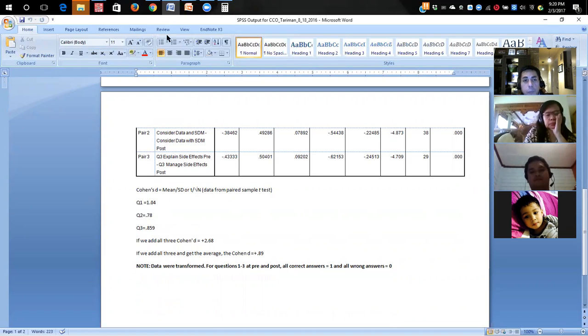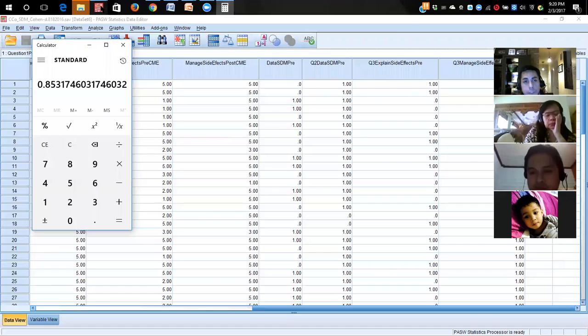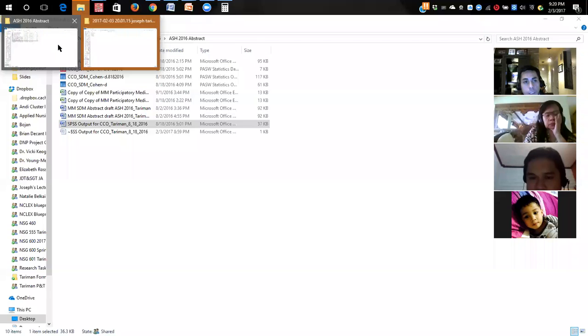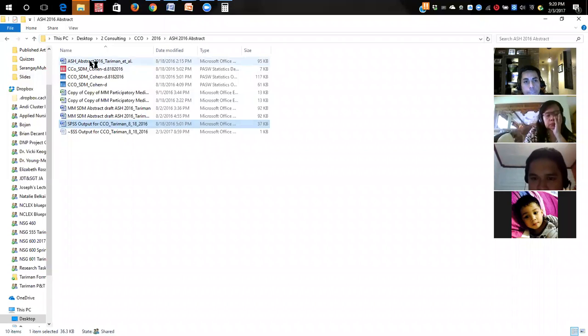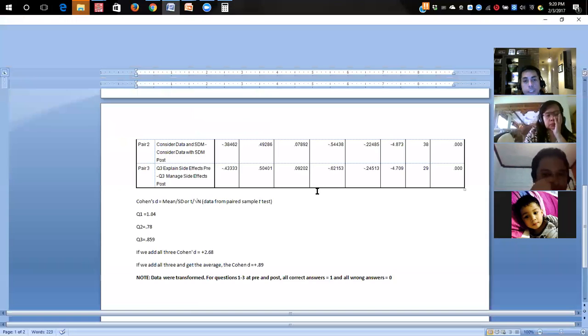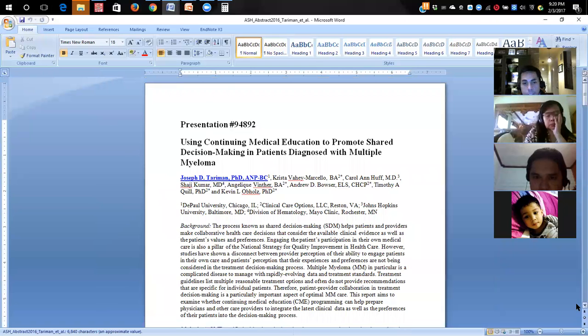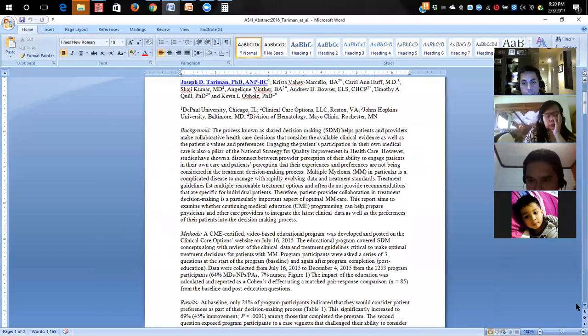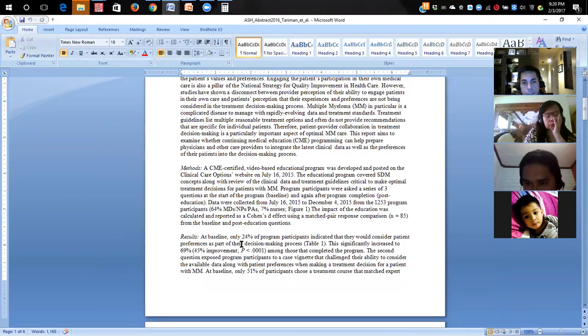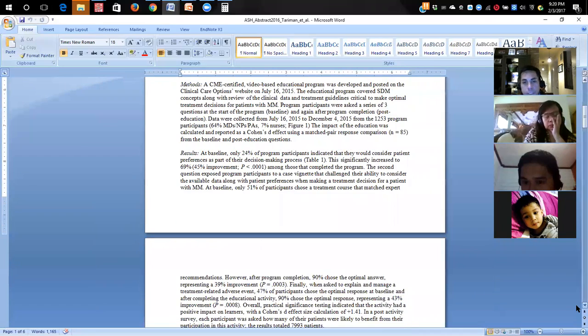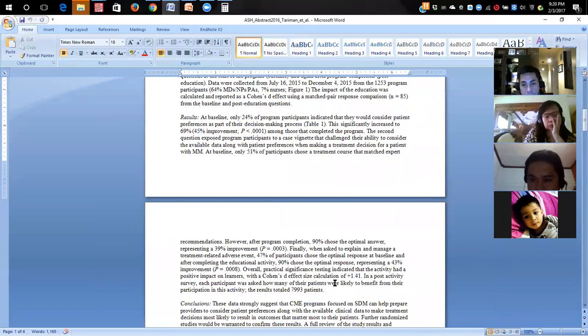So when we reported our abstract to the American Society of Hematology, this is how we reported it. It shows the percentage and our effect size calculation, and we include the p-values.